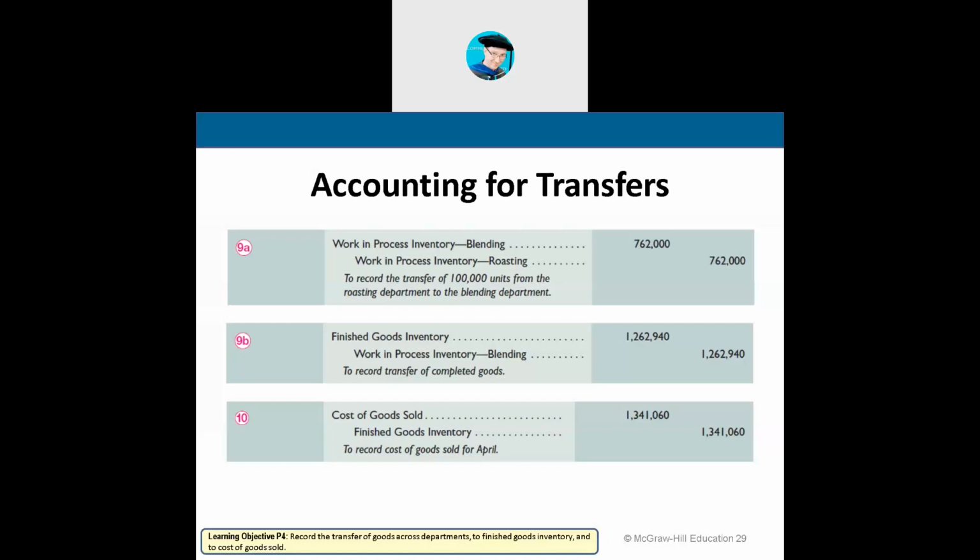So in our other example, we have the two departments, roasting and blending. I'll show you how the units get transferred from one department to another. We debit work in process inventory blending, credit work in process roasting. What this does is it represents the transfer of 100,000 units from the roasting department to the blending department.